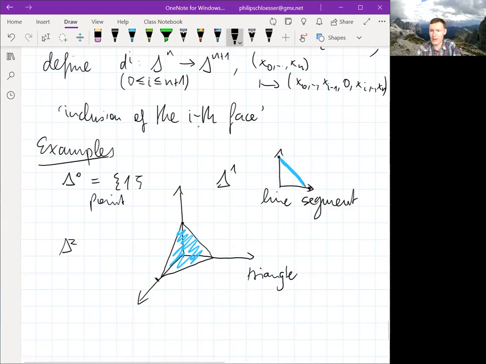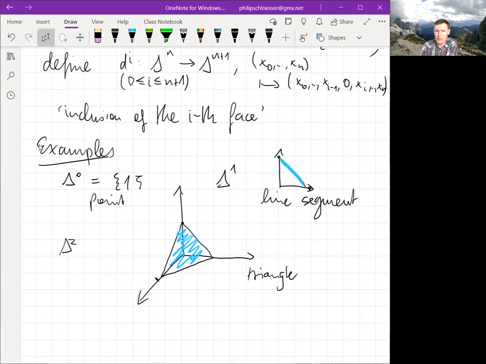And I guess we can also look at the faces of every other thing. The 0 simplex doesn't really have any faces.